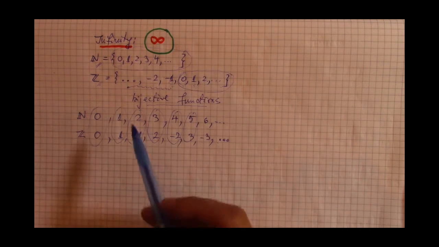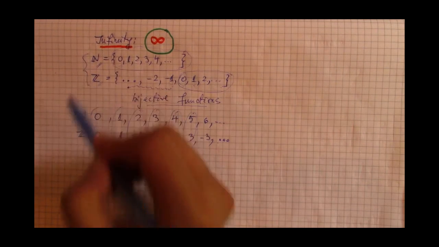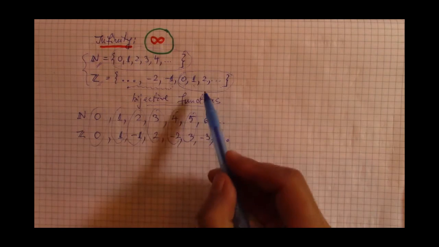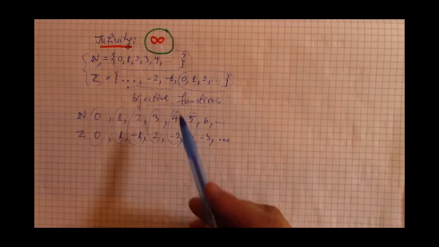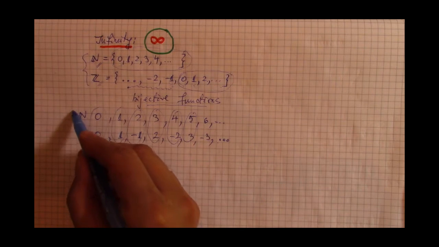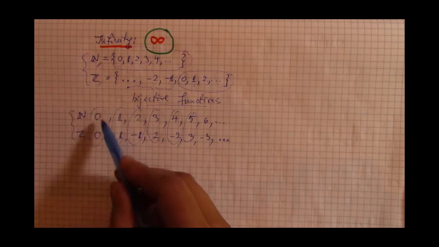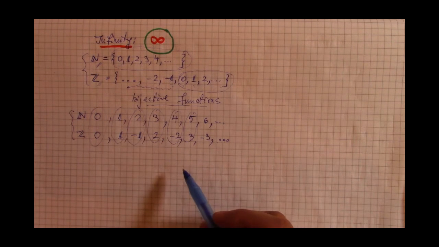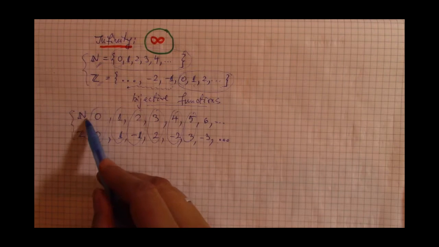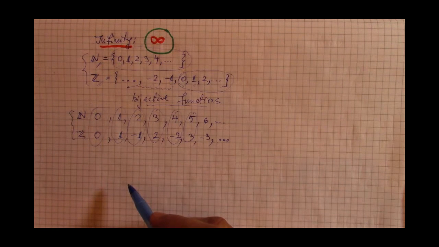So one look at the two sets shows that Z has more elements than N. Another look at the two sets with these pairings makes us think that Z is really not bigger than N. So infinity is a little bit of a tricky notion.